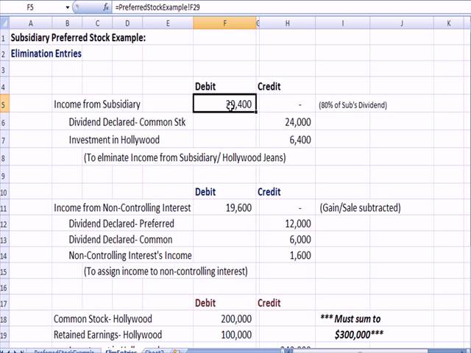We're going to take that off the books. 80%, the dividend declared on the common stock, 80% of that, we're going to remove that from the books. Normally we debit when a dividend is declared, so we're going to credit to get rid of it.